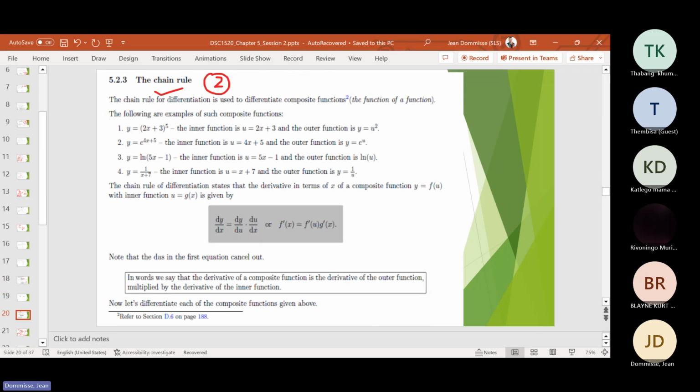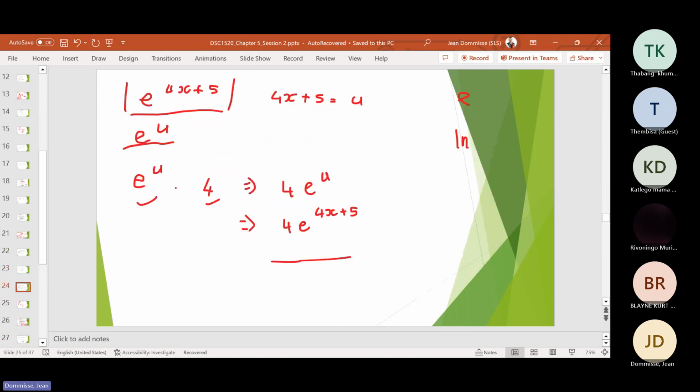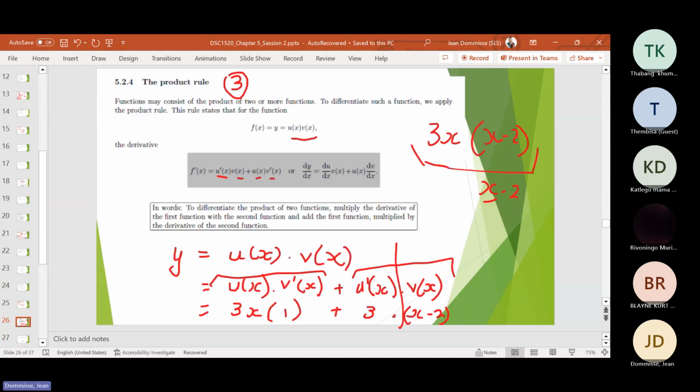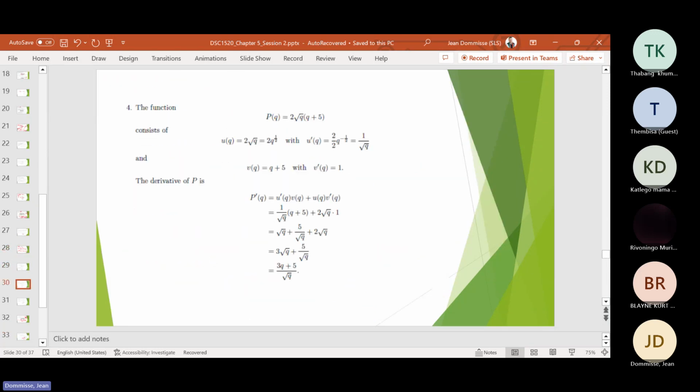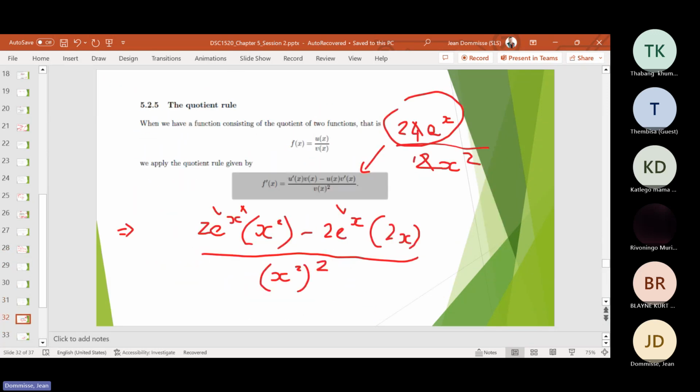So the second one that follows up from the power rule is the chain rule. Then the third one is your product rule. And then the fourth one that is important is your quotient rule. Let's first go to the assignment.